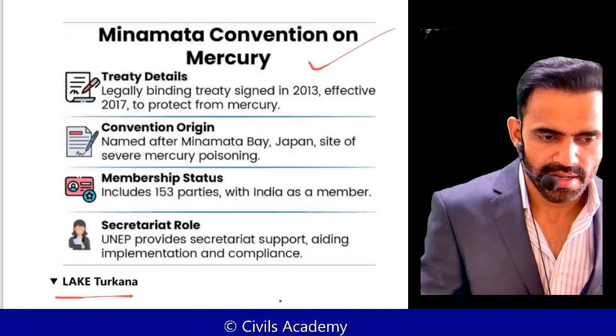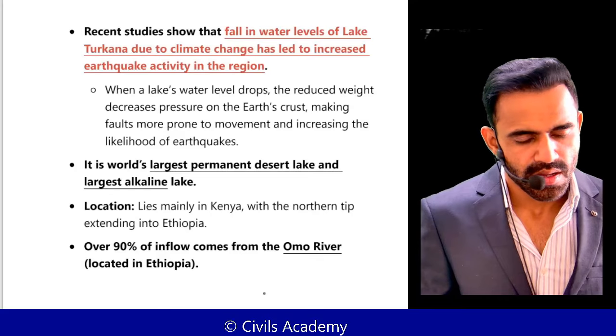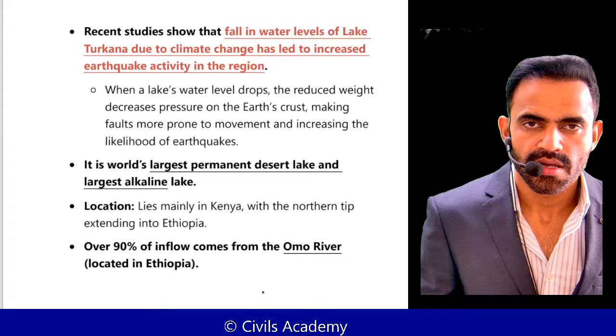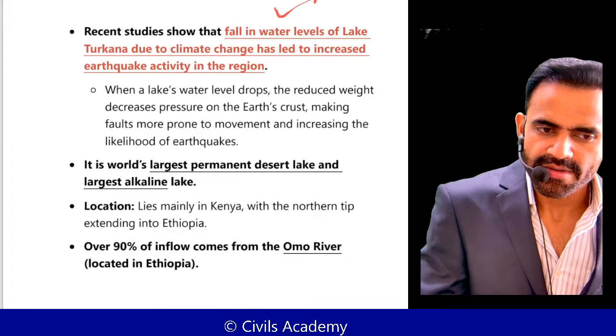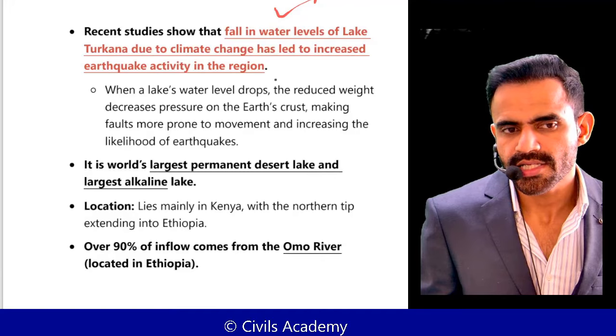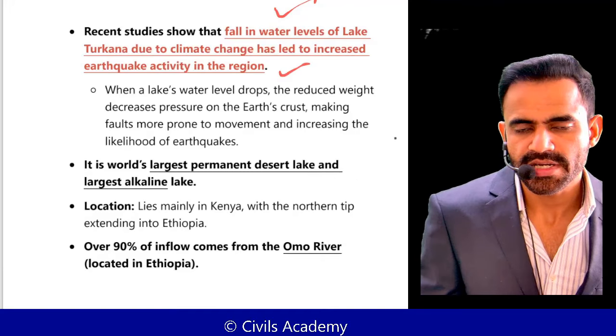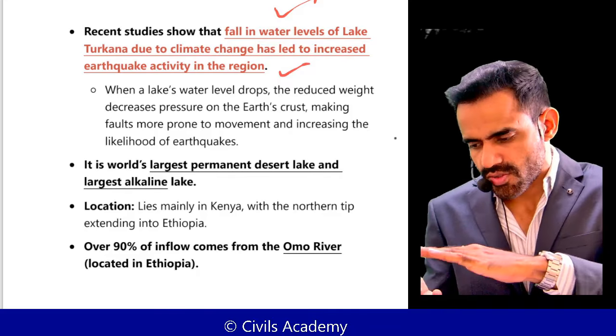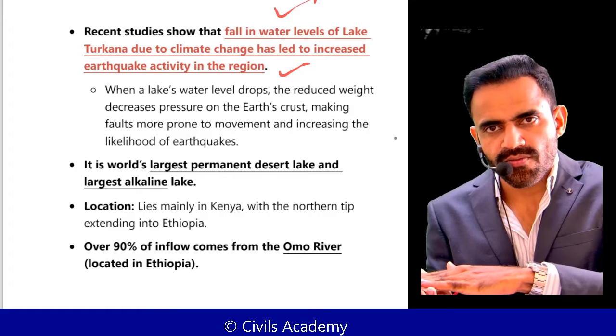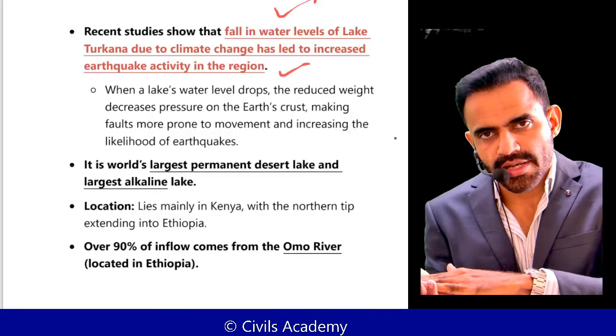And last is Lake Turkana. Why was it in news? Because of climate change, the water level in this lake has gone down, and that's why earthquake activity has increased. Understand this? This is a lake. The water level has gone down. The pressure on the surface of the earth, or pressure on the crust, has gone down.